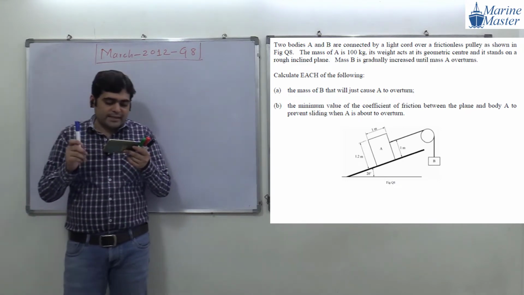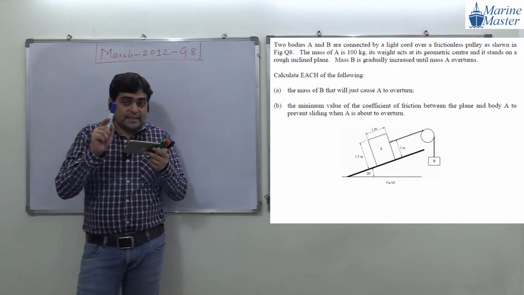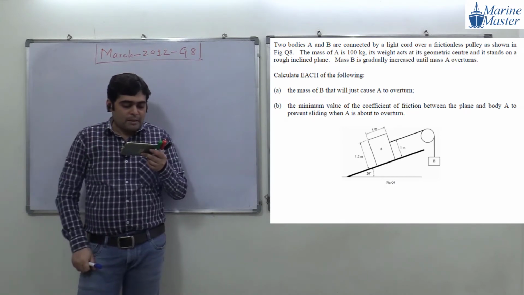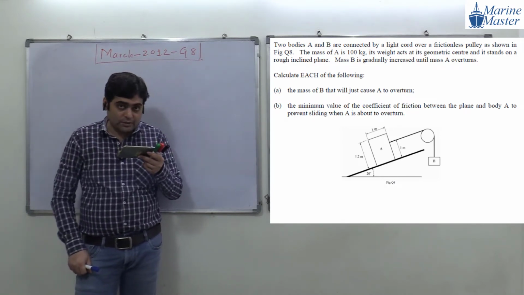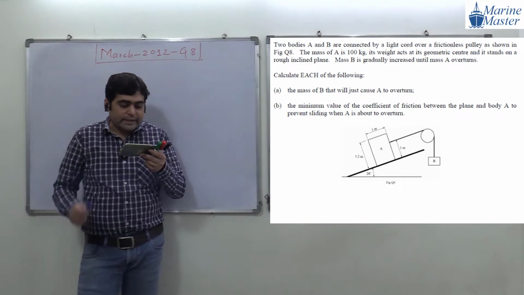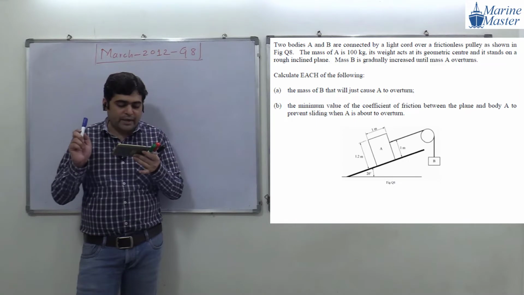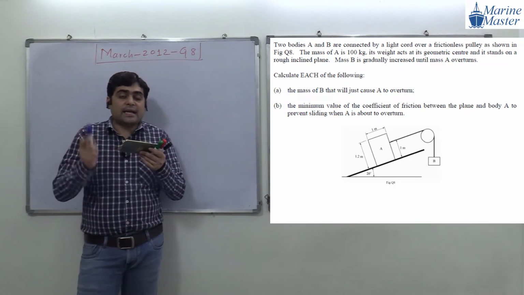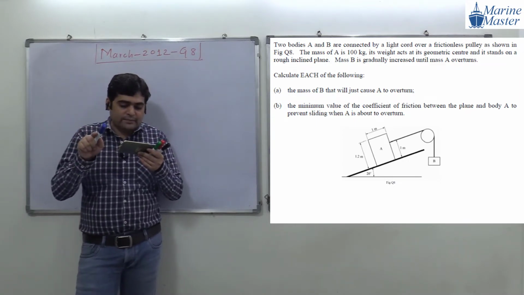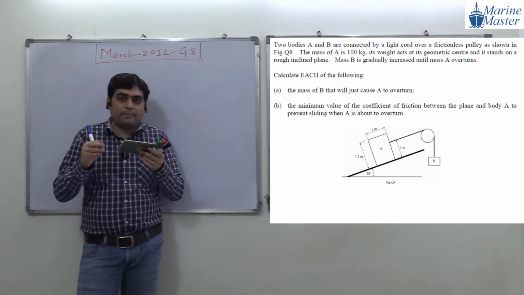The mass A is 100 kg. Guys, see how much is the mass? 100 kg. Its weight acts at its geometric center and it stands on a rough inclined plane.